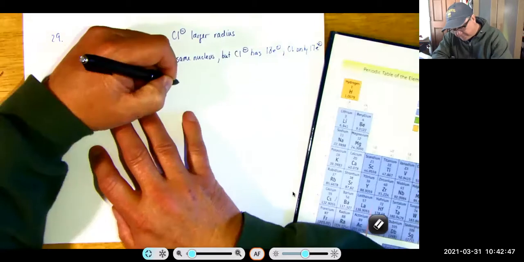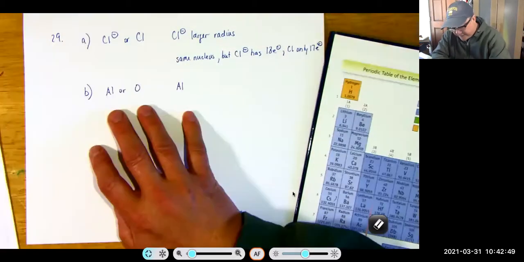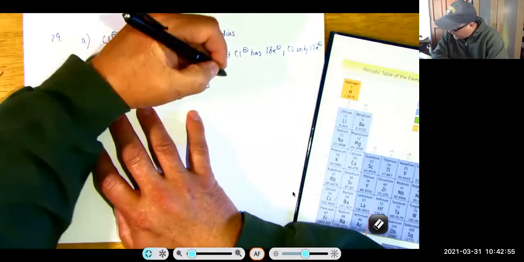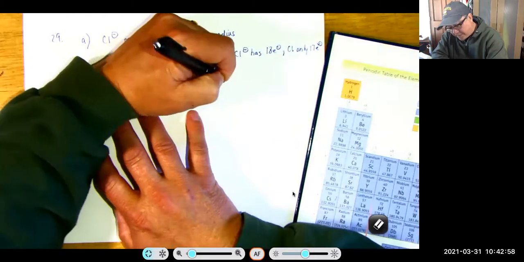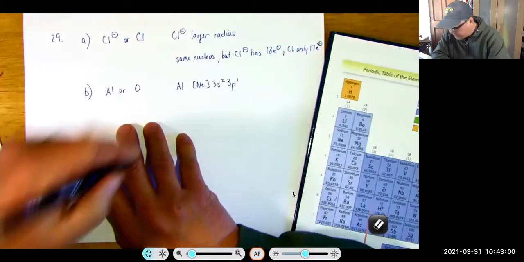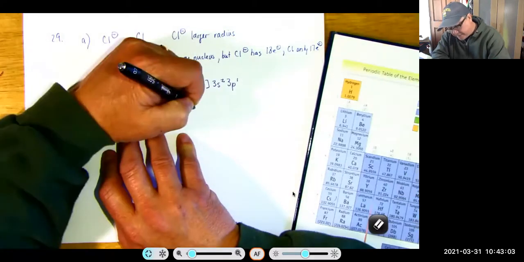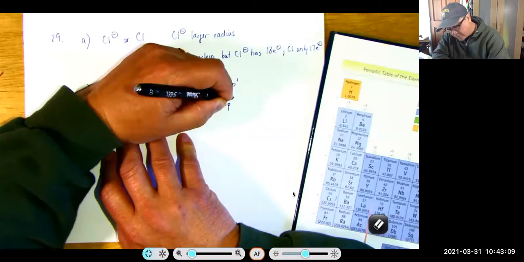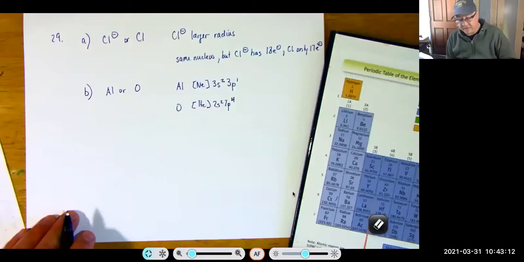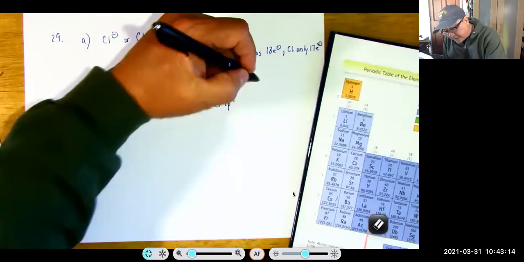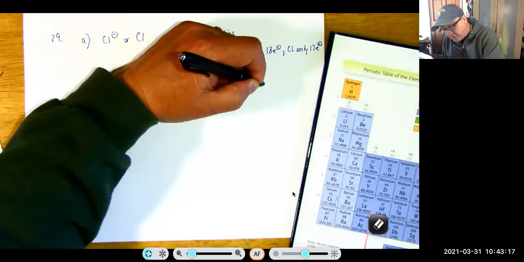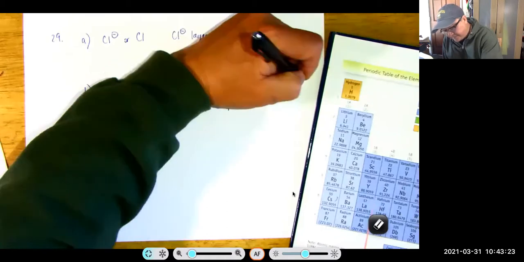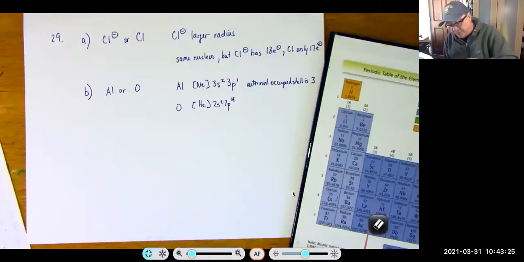And this is a great way to do atoms like this. Aluminum is neon 3s2, 3p1. Oxygen is helium 2s2, 2p4. Okay? So here, the outermost occupied shell is 3. And here it's 2.